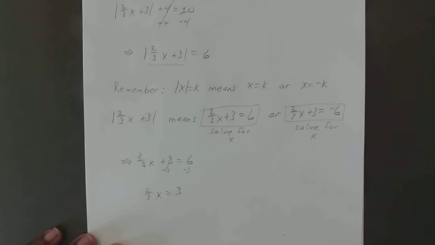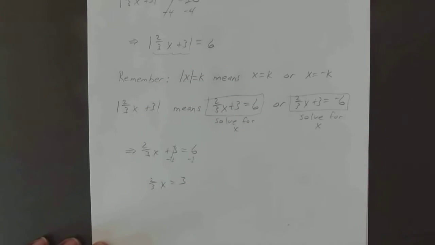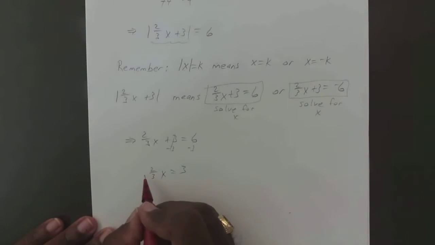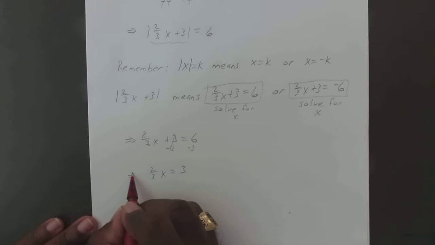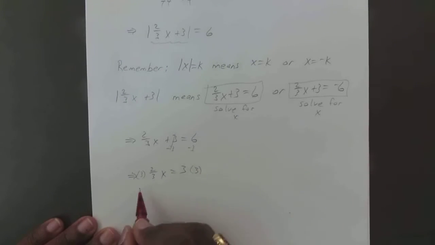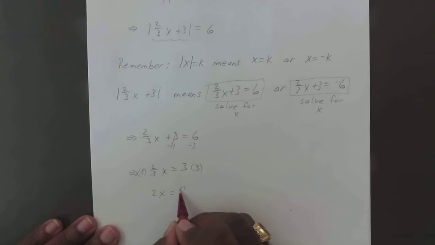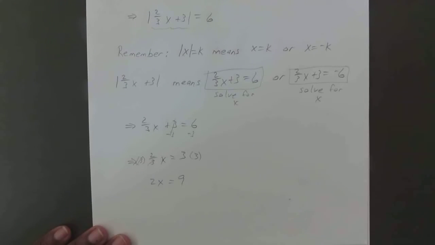And you can either multiply both sides by the reciprocal, or you can multiply by 3 first and then divide by 2. Either way, it's up to you. We'll multiply both sides by 3. Those two cancel out. So you have 2x equals 9. Divide both sides by 2, you end up with x equals 9 over 2.